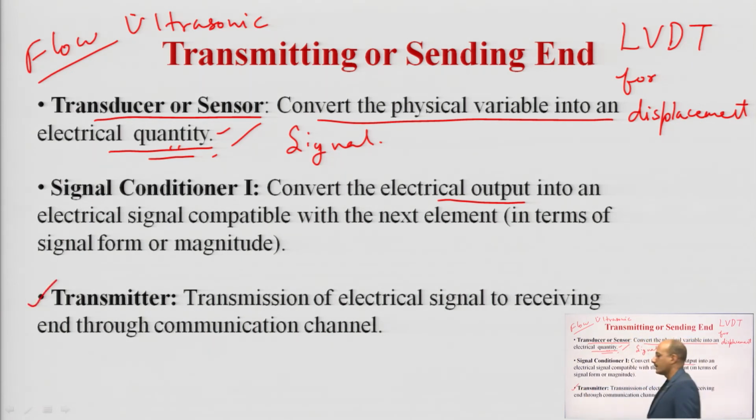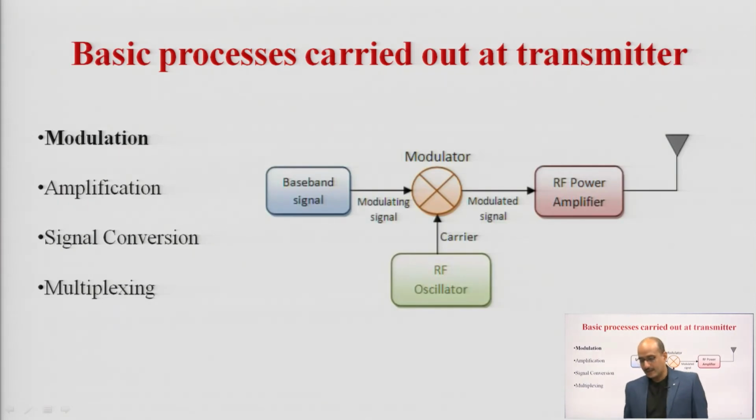In the transmitter, the electrical signal is transmitted to the receiving end through the communication channel, but that is not all about the transmitter. Basically, the transmitter carries out some basic processes at the transmitter side.